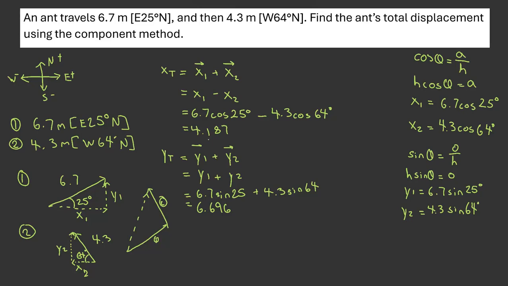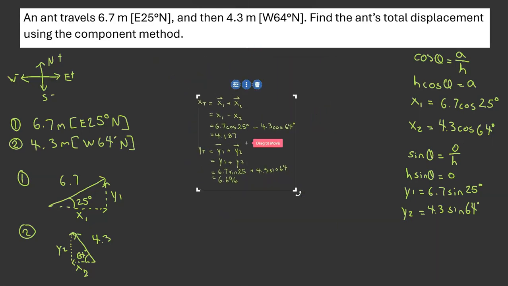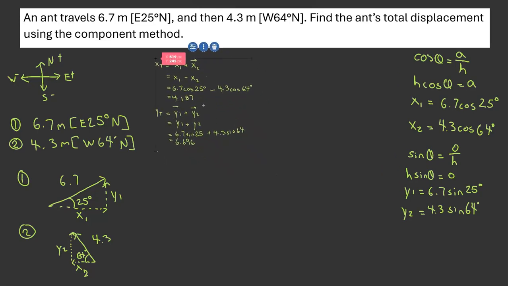So now I have xt in my x. Now what I'm going to do is I'm going to actually take my two dimensions and put them together. So let me make a little bit more room here. And now what I'll do is I'll draw these out. So my xt is 4.187.